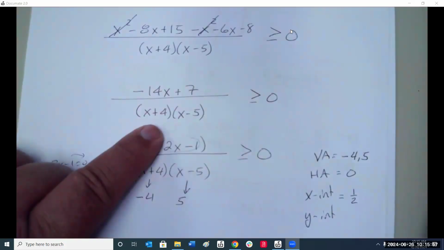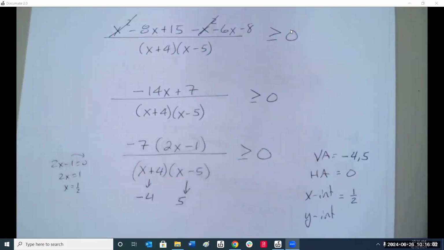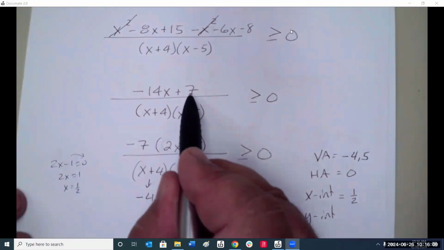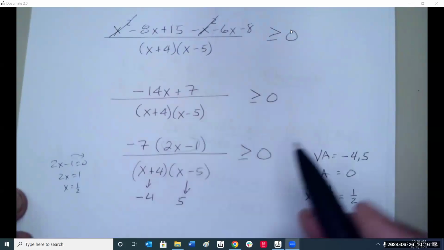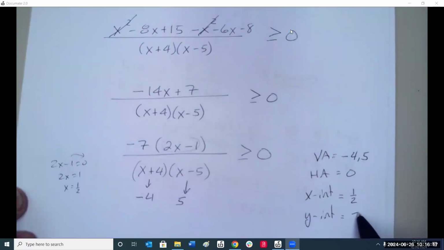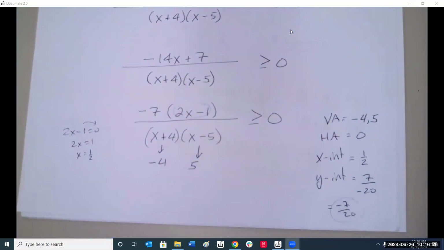It'd be easier to do the y-intercept from this equation. Only look at the constants. So we have 7 on top, positive 4 times negative 5. It's negative 7 over 20, which is pretty close to the x-axis.